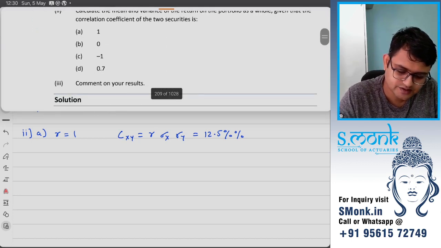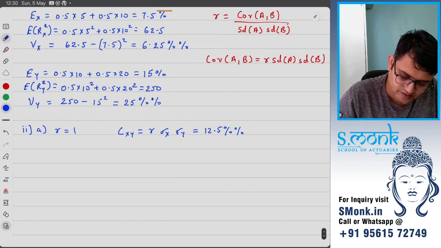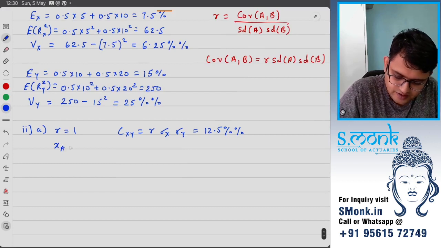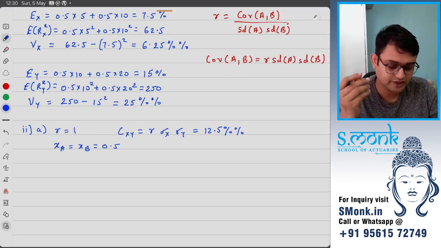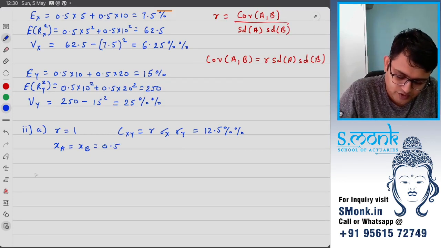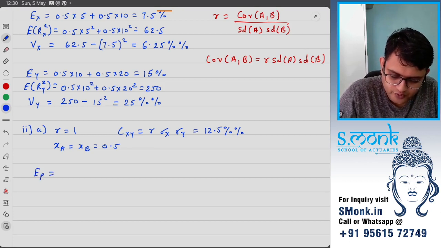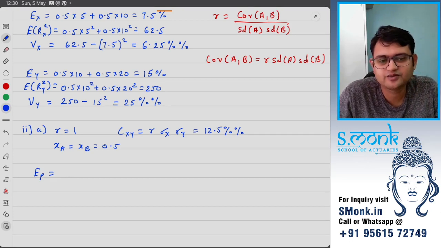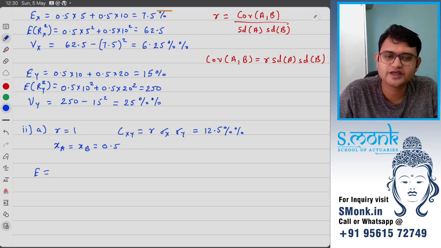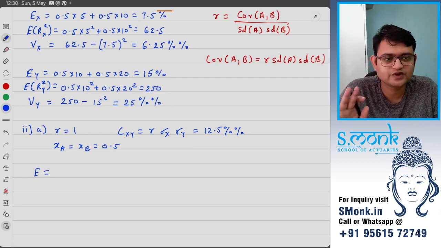That tells us that XA is equal to XB, that is 0.5. Equal holdings. EP, expected value of the portfolio. If we are just worried about one portfolio, you can just write E as well. That is also okay. E and V, we'll assume that is for the portfolio.